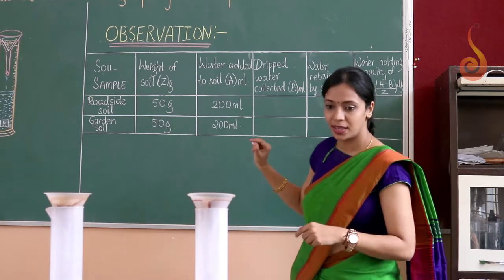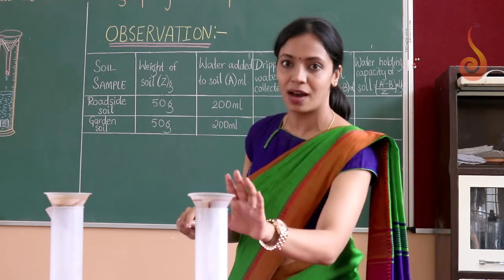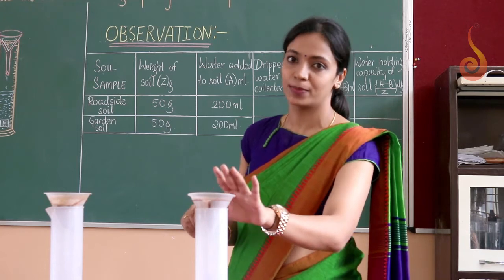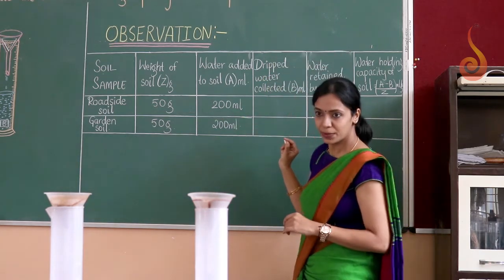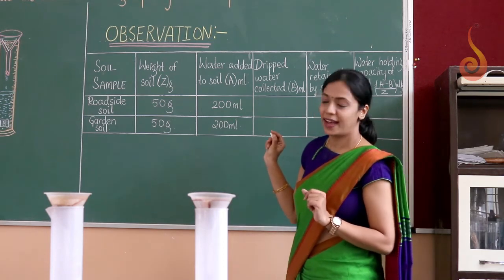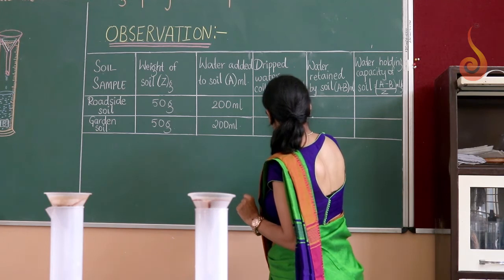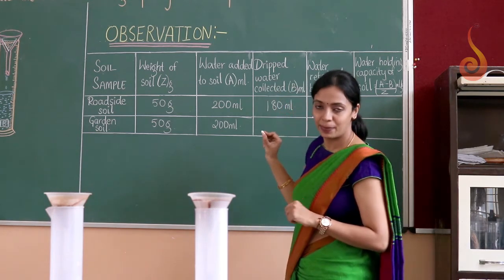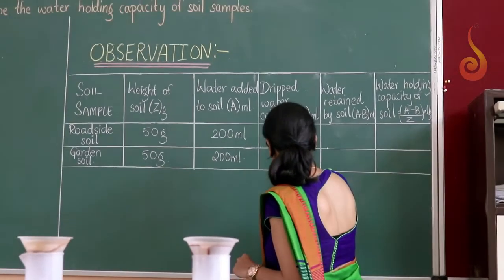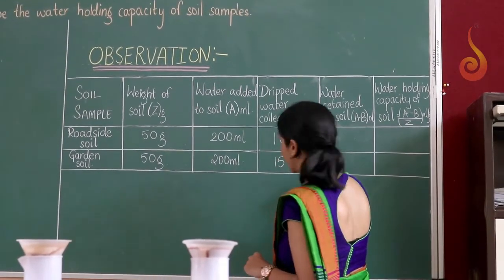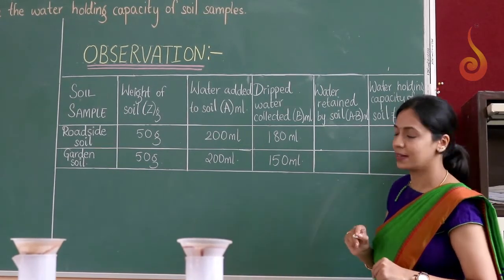So this is the volume that you see in the measuring cylinder after the water has dripped down from the soil. In the first sample, the roadside soil, 180 ml of water dripped down, whereas for the garden soil, 150 ml of water was found within the measuring cylinder.